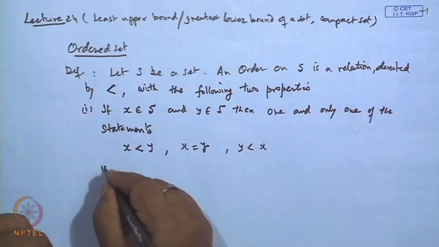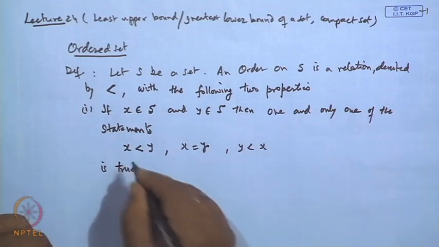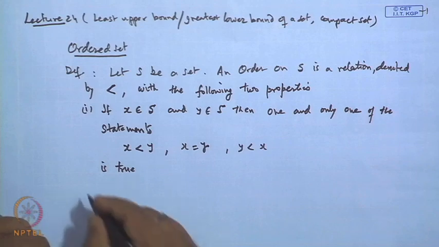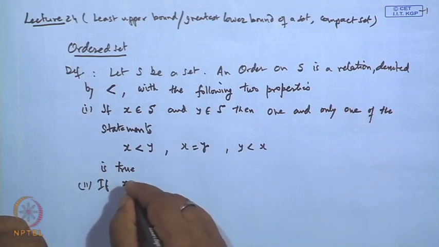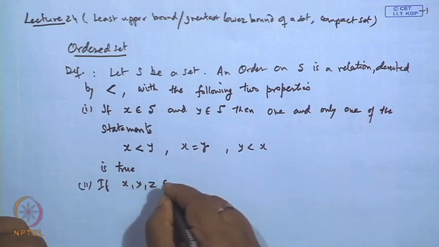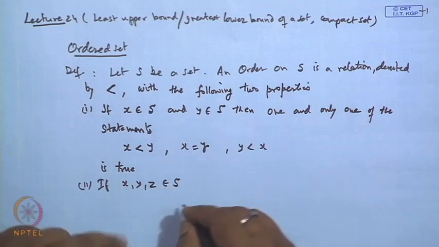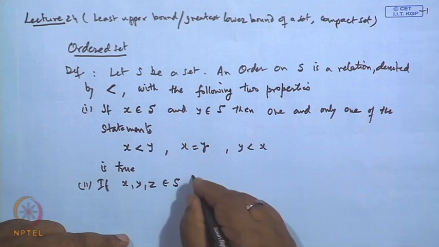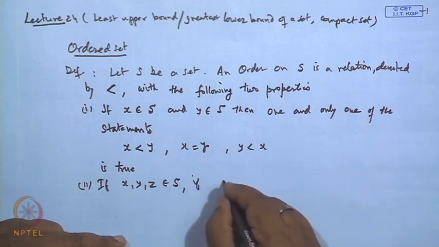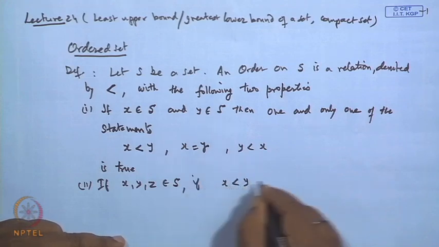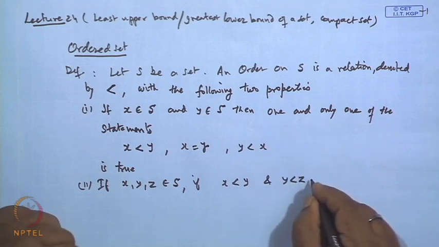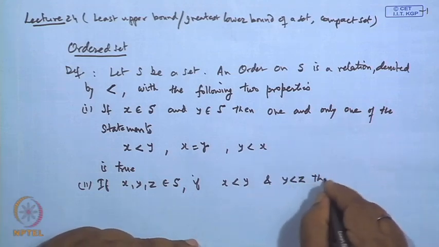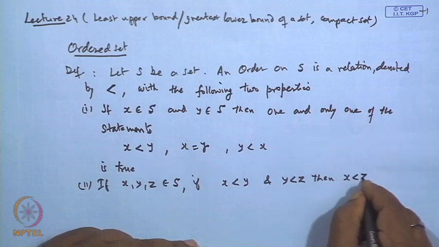And the second one is, if x, y, z are elements of S, and if x is less than y and y is less than z, then x must be less than z.